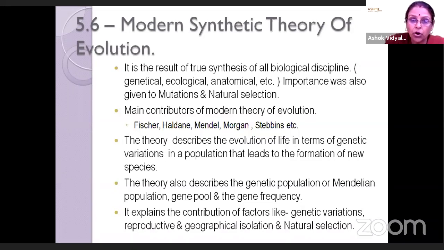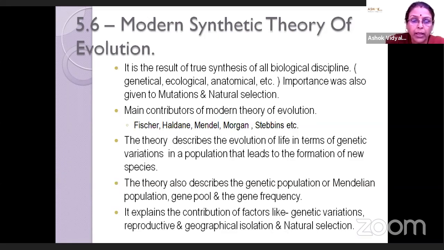It is the result of true synthesis of all biological disciplines, that they are genetical, ecological, anatomical, etc. Besides these things, importance was also given to mutations and natural selection. The main contributors of this modern theory of evolution were Fisher, Haldane, Mendel, Morgan, Stebbins, etc.